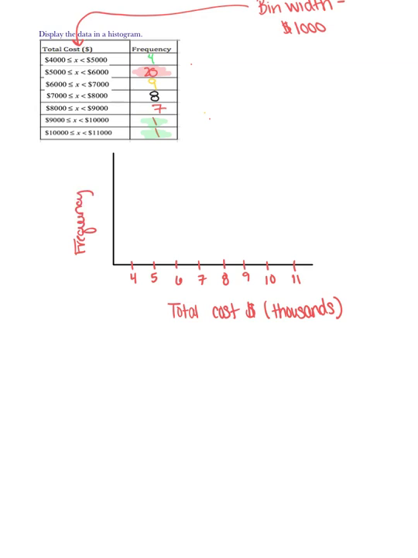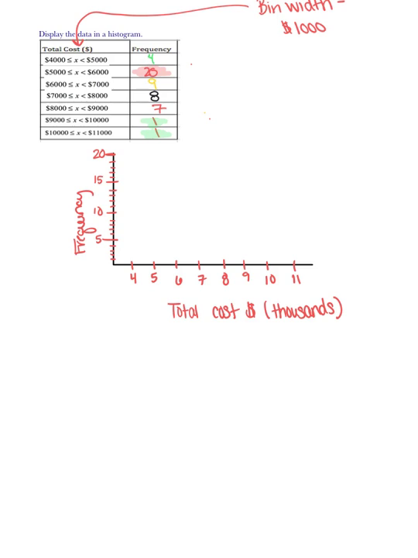I'm going to exaggerate the 5s though. So then 6, 7, 8, 9, 10, 11, 12, 13, 14, 15, 16, 17, 18, 19, 20. The way I exaggerate those 5s will make these bins a little easier to draw. And now I'm ready to go ahead and just draw them.